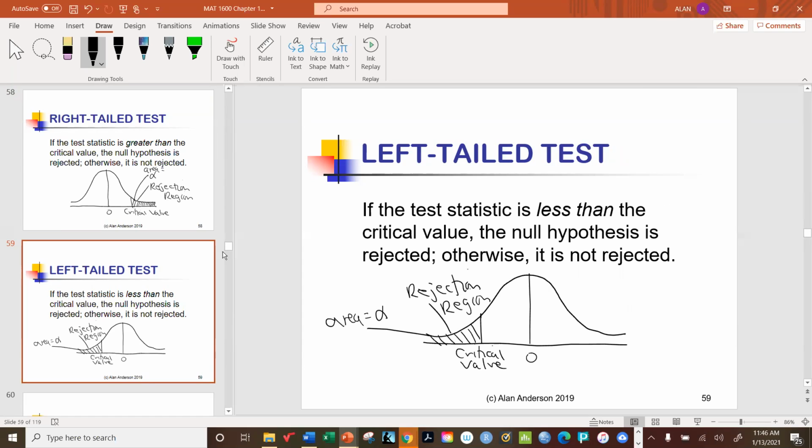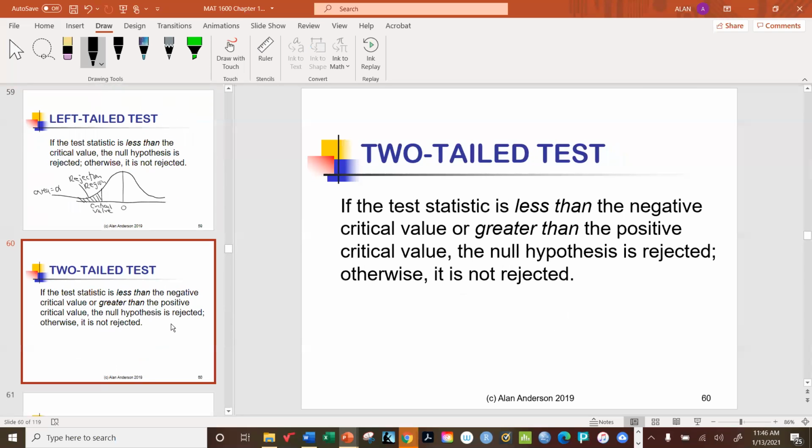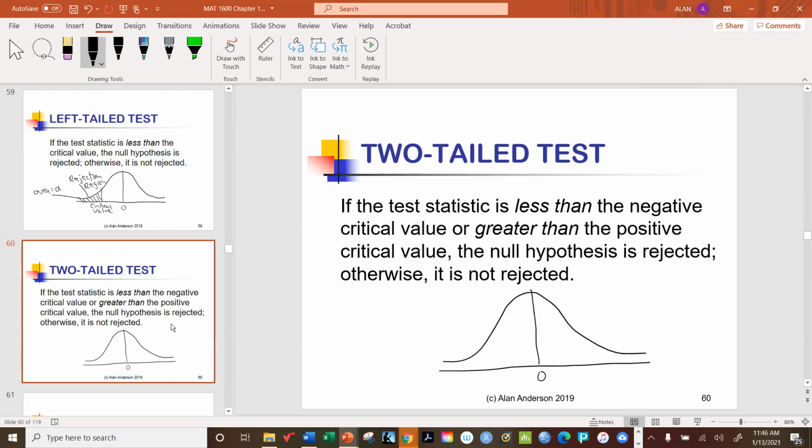And then the two-tailed test, the difference here is that we split it up. We have two critical values. They're the same number, but one is positive and one is negative. But the area in each case is alpha over 2.